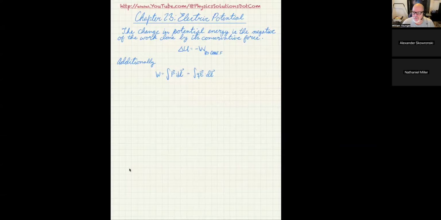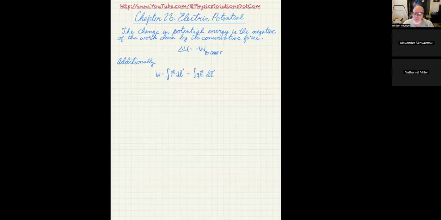That all hinged on us having a potential energy, and that potential energy was due to the existence of a conservative force. You can think of the conservative force as belonging to the potential energy and the potential energy belonging to the conservative force. That's something you want to keep in mind as well.